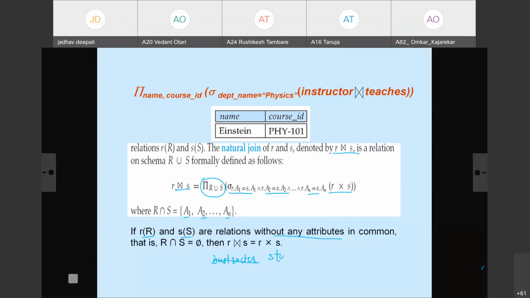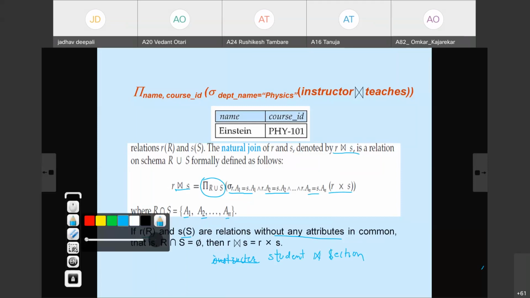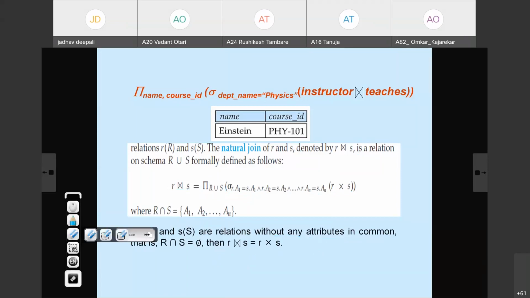So in this, no attribute is common. So if we perform the natural join of these two, it is like a Cartesian product. Why? Because there is no attribute in common. If there is no attribute in common, then natural join and Cartesian product are both the same.